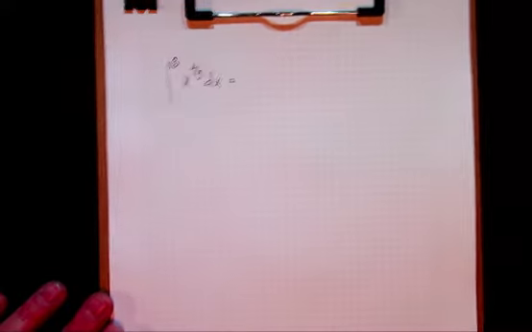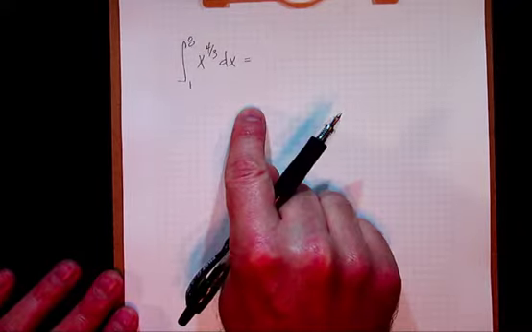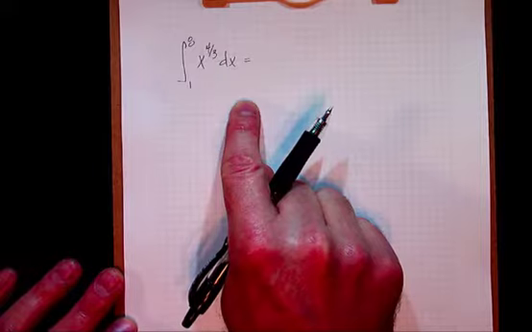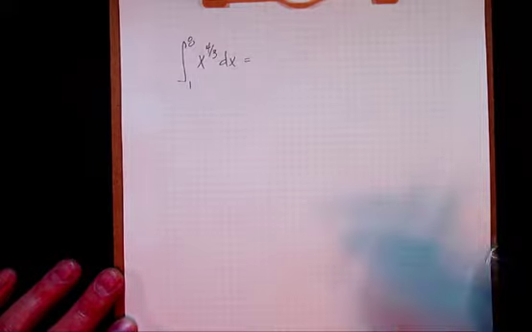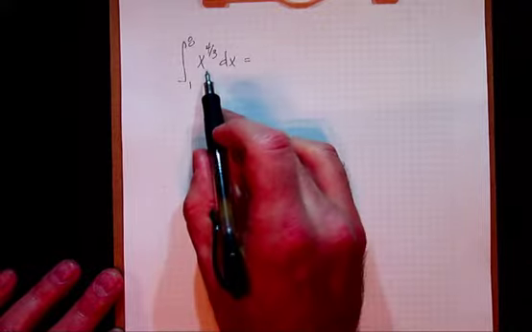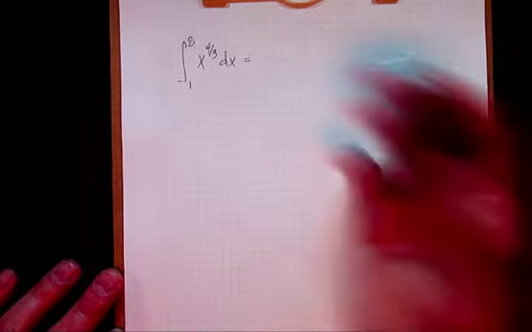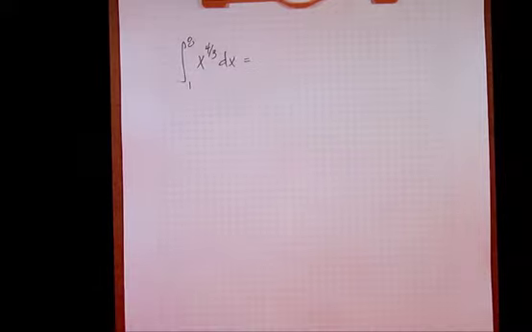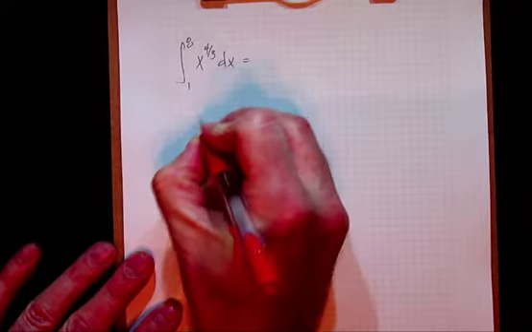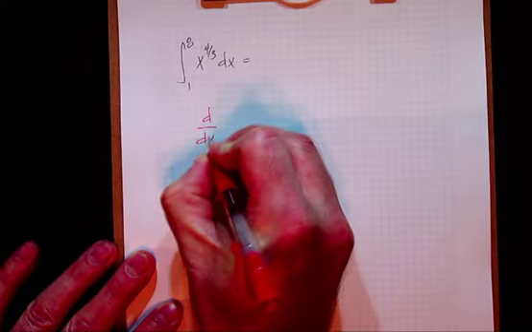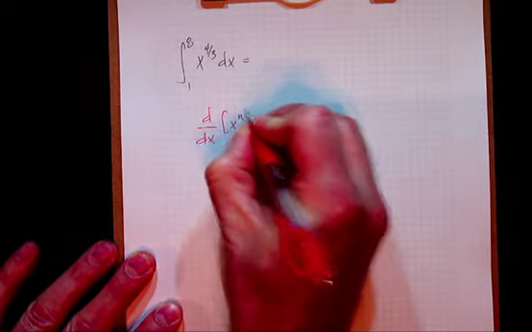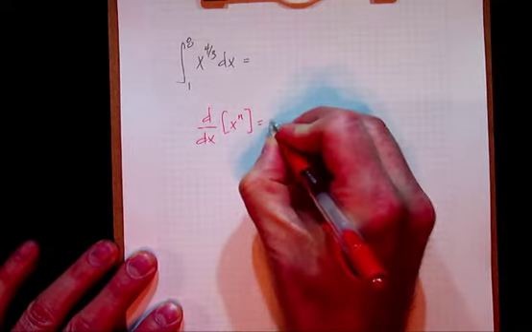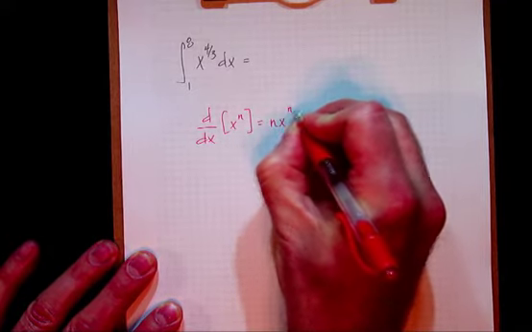Now remember that when we're dealing with the integral like this, we need to undo the derivative, undo differentiation. So what function is x to the 4/3 the derivative of? Okay. Now remember that this is basically the chain rule, and when we're dealing with the chain rule in terms of differentiation, it's x to the n, and you bring the n down and it becomes x to the n minus 1.